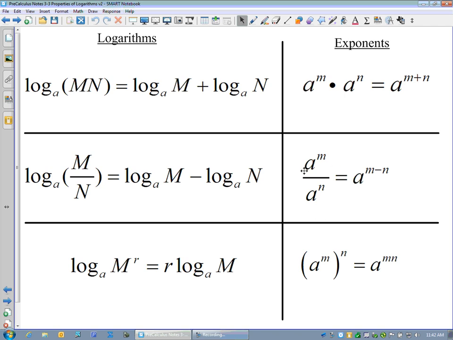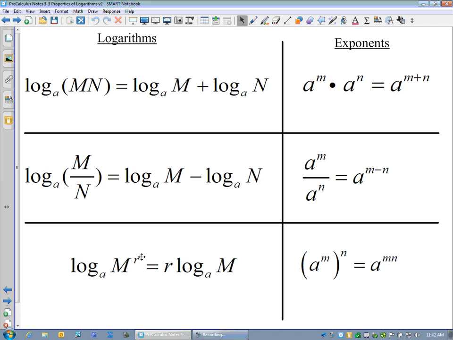Likewise, if we have a to the m divided by a to the n, if we did our law of exponents there, you keep the base and subtract the exponents. So for division in your argument, you're going to subtract the exponents. Again, remember that logs are exponents. And the last one basically stems from the fact that a power raised to a power is going to keep the base and you multiply the exponents.